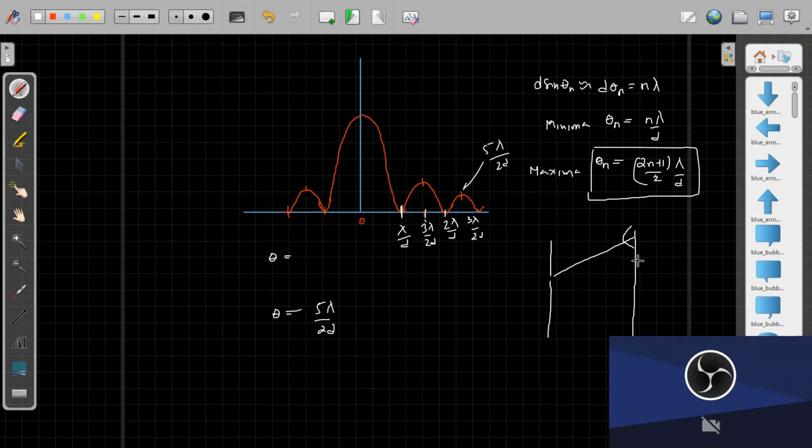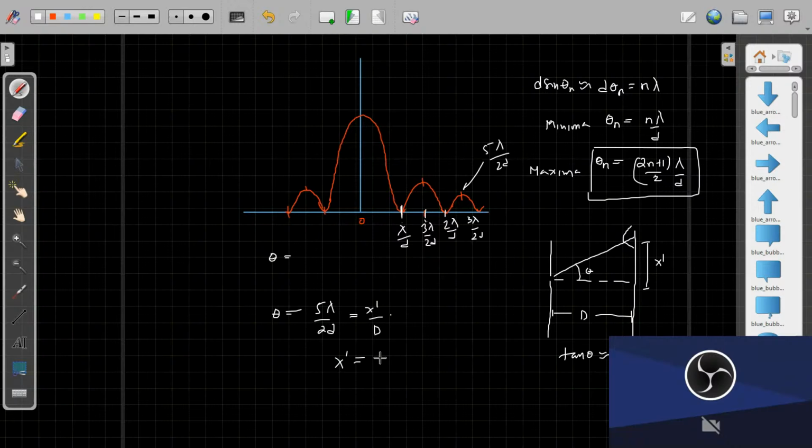This is our second maxima. How far is it from here? Let's say this is at a distance of x dash. This is that theta. So tan theta will be equivalent to theta, as the angle is small, which is x dash by D. So we can write theta as x dash by D.